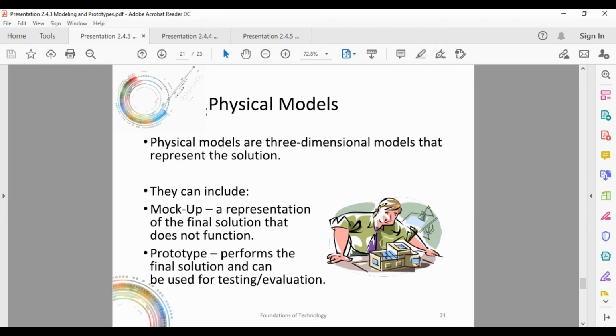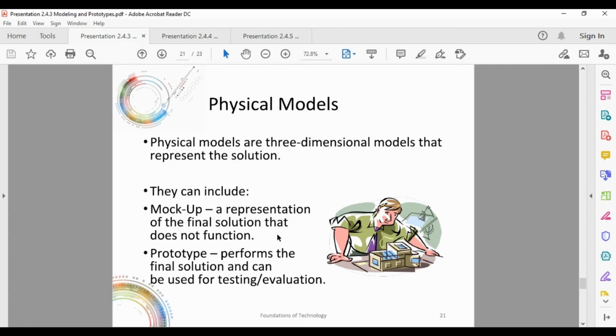The physical models are the 3D models that represent the solution. So this is what a lot of people think of whenever they think of engineering, or more specifically prototypes. They can include a mock-up, a representation of the final solution that does not function. So if you've ever seen what a new design on a car looks like, but the car never moves, that would be a mock-up.